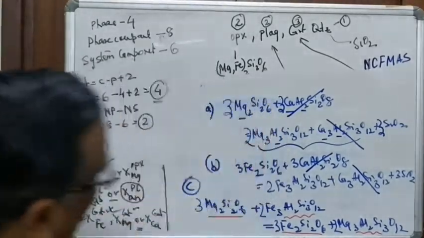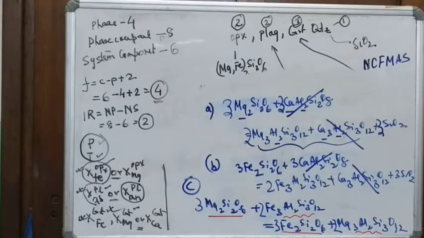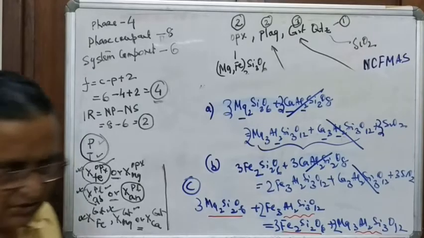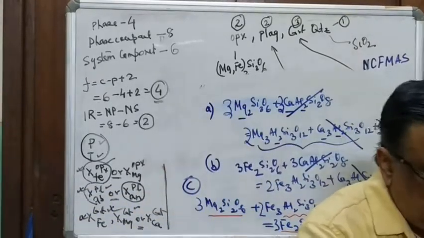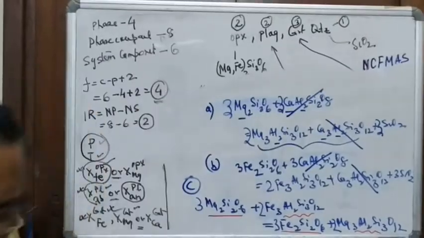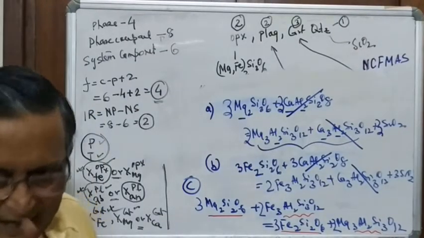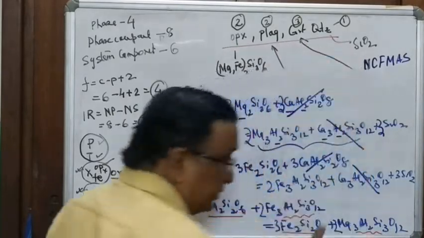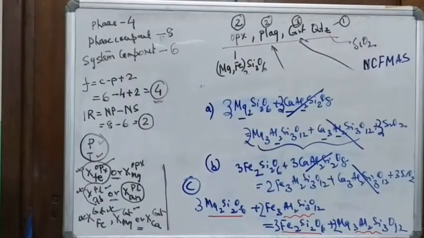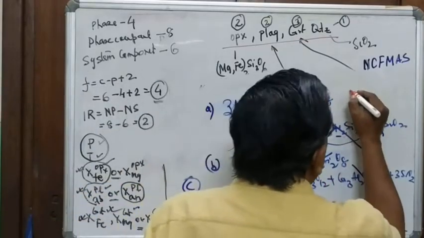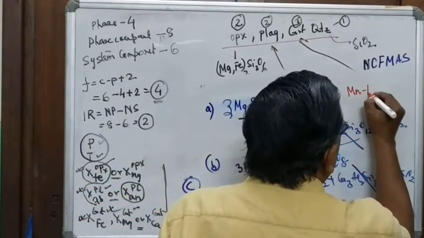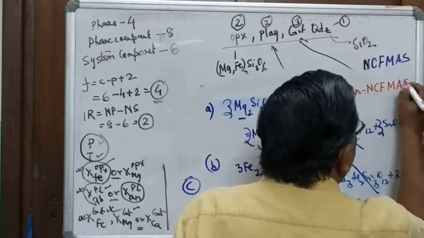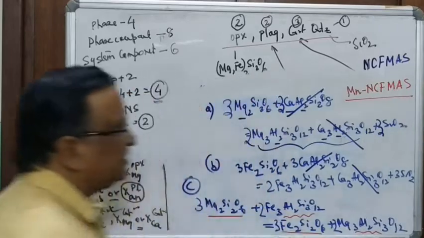Now, say for example, I will leave this problem to you, I want you to solve that problem. What happens if our system, the same assemblage, you do it yourself, I won't tell you. If the assemblage is MnNCFMASH, what happens to this?